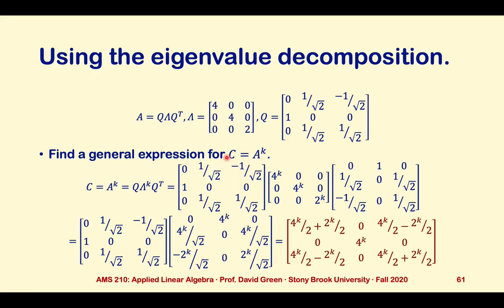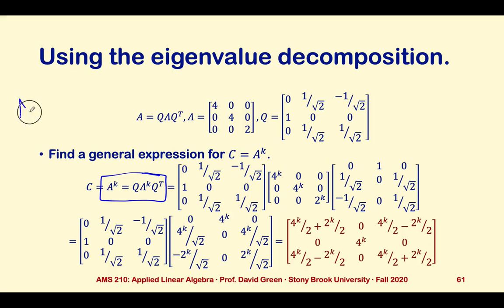We want to find a general expression for C equals A to the k. The heart of solving this kind of problem is recognition of this relationship.